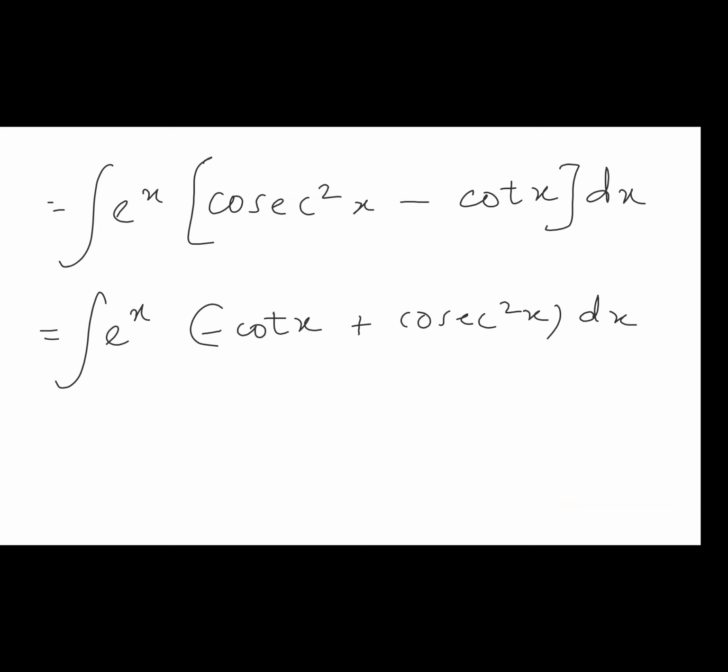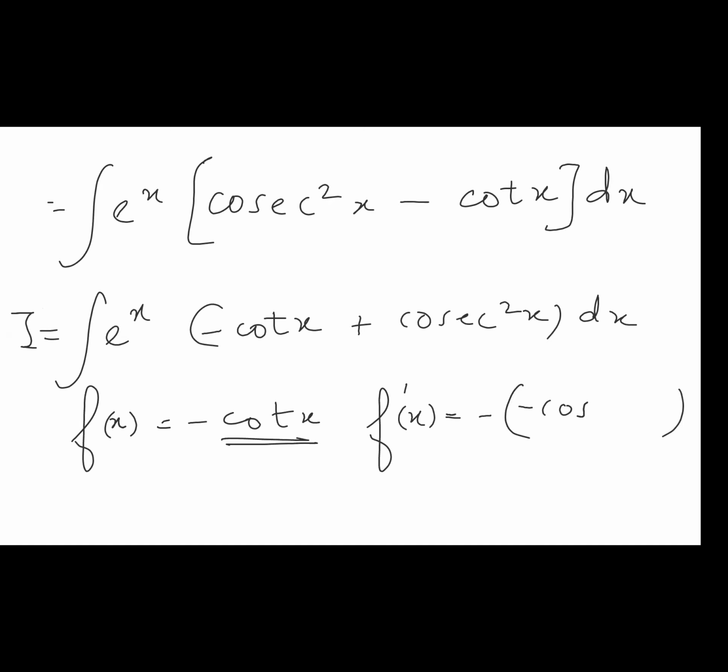So f of x, if it is minus cot x, f dash x is minus of minus cosec square x. We'll keep this minus sign outside, and the answer is plus cosec square x.